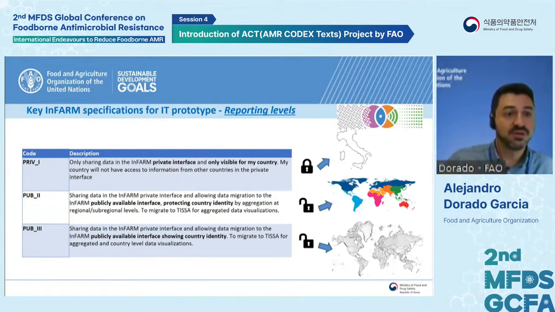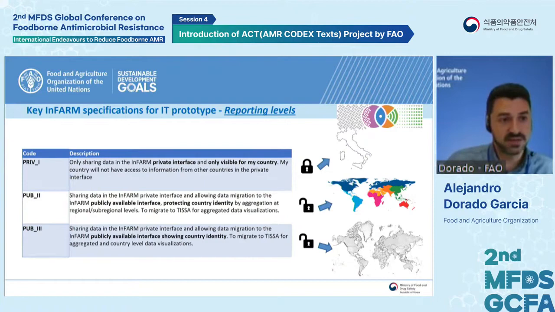They can do it showing their country identity, which is the public level 3, or they can also decide not to show their country identity, in which case what we will do is create aggregation and aggregated visualizations at the sub-regional and regional levels. So this is for countries to decide.